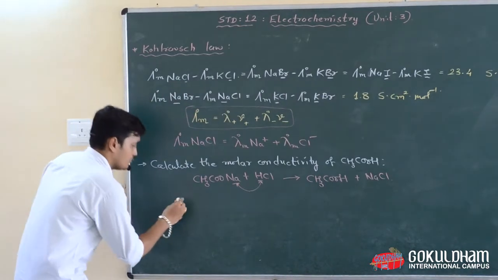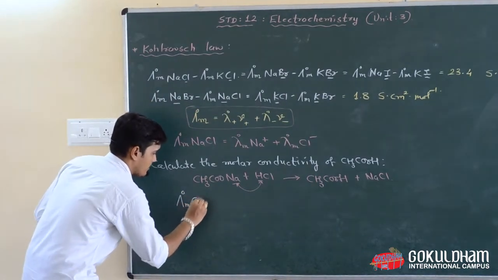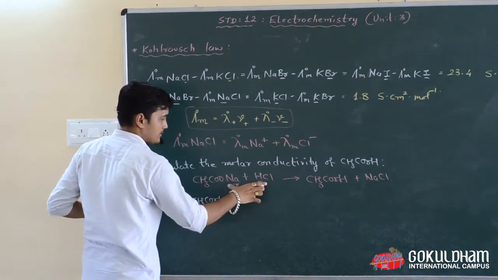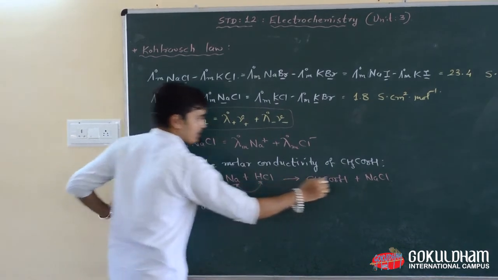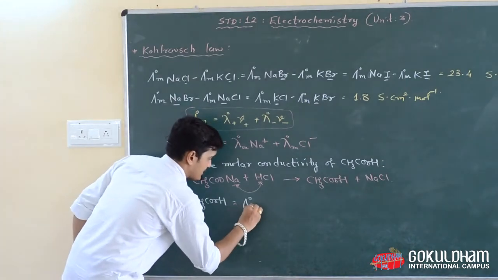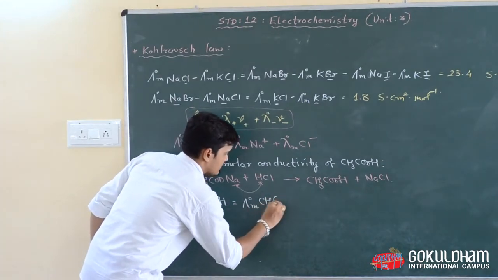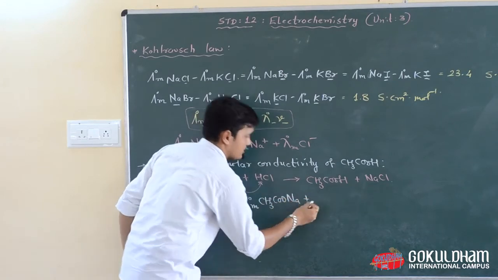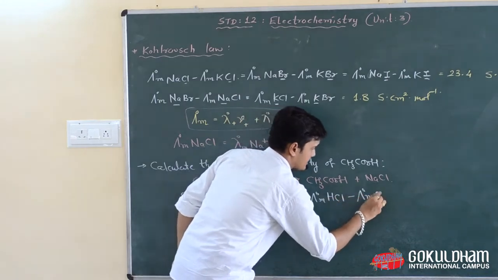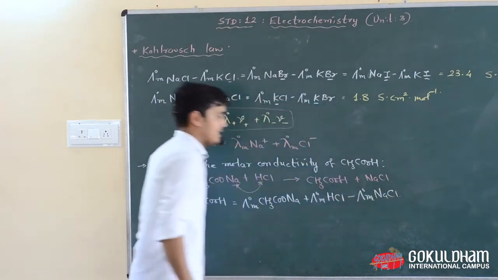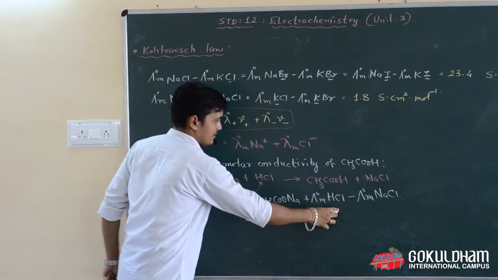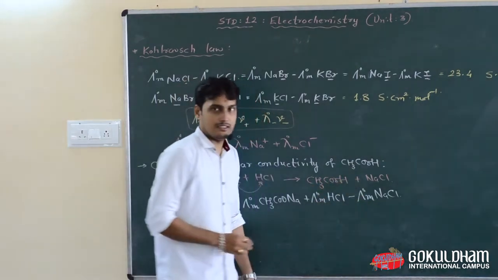So you can write lambda 0 m of CH3COOH is equal to the sum of these two molar conductivities minus this NaCl's molar conductivity. Means lambda 0 m CH3COONa plus lambda 0 m HCl minus lambda 0 m of NaCl. What we do? Sodium acetate plus HCl minus NaCl.